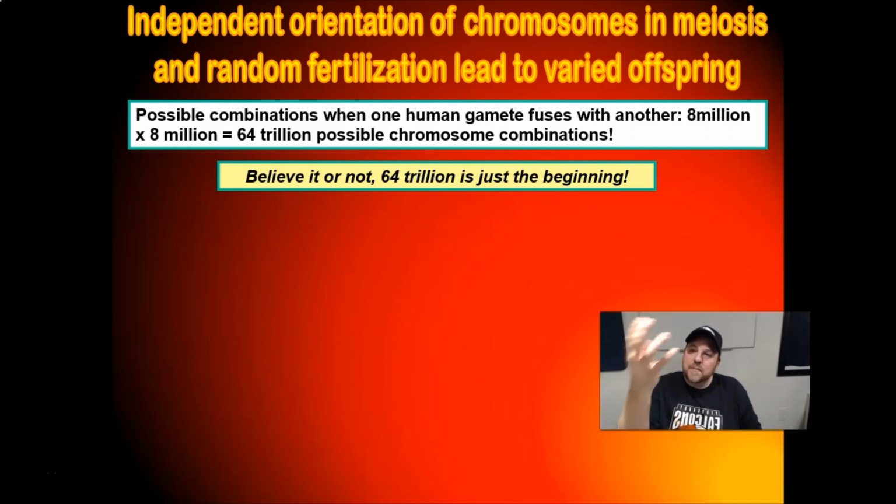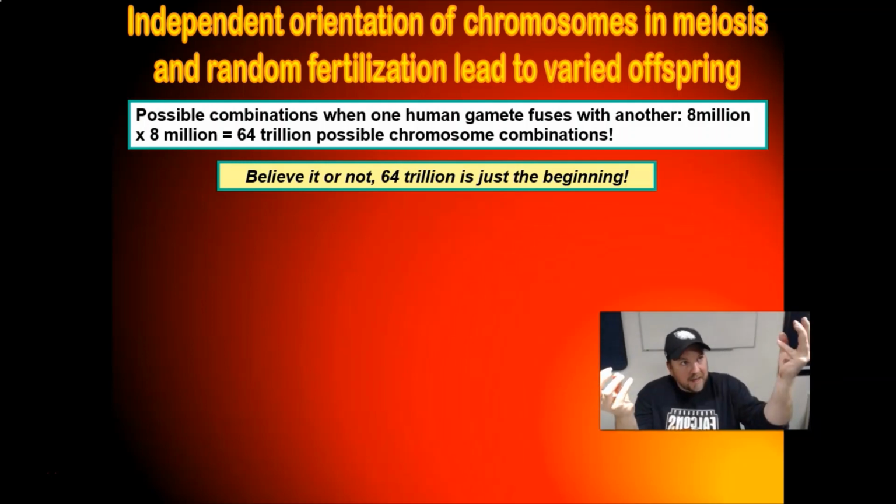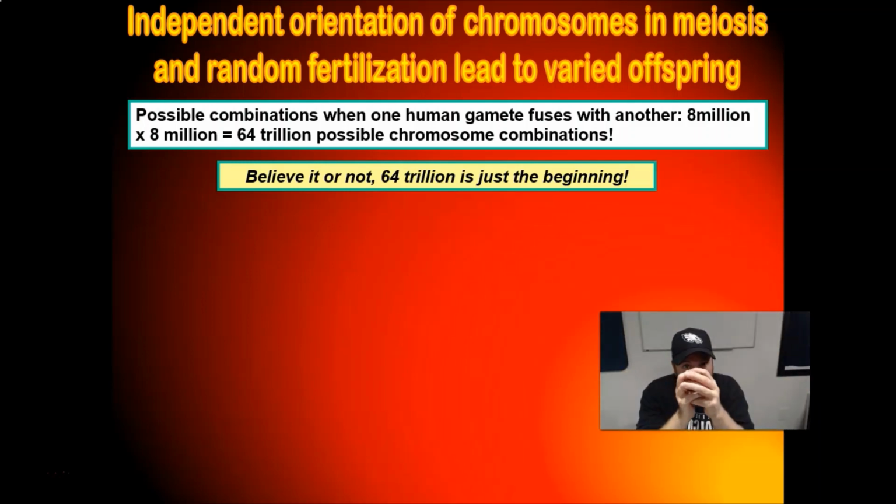How do you know what sperm is going to meet with what egg? And don't forget, this person who made this sperm had a 1 in, over 8 million shot. Let's just call it 8 million. A 1 in 8 million shot of making this sperm. And this person had a 1 in 8 million shot of making this egg. And for those two randomly created cells to meet and fertilize to form a zygote, a diploid, whoa, that's about a 1 in 8 million times 1 in 8 million, 1 in about 64 trillion chance.